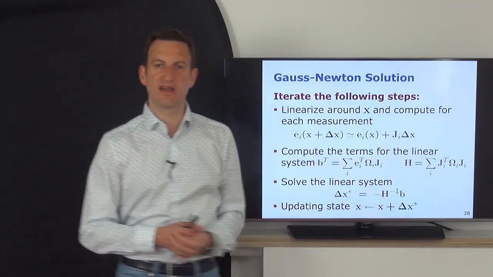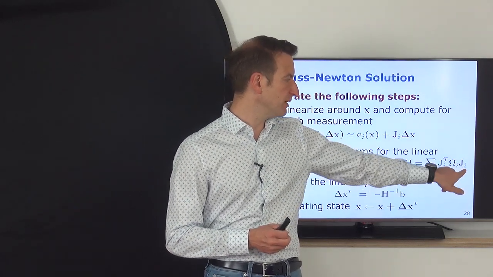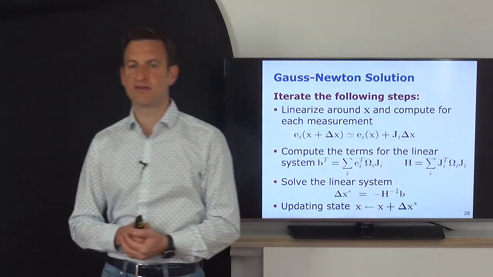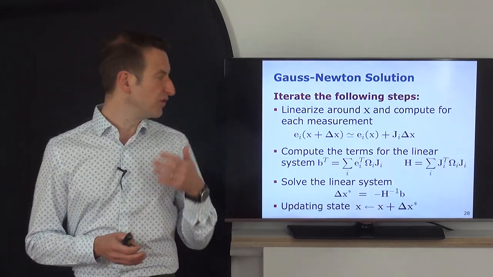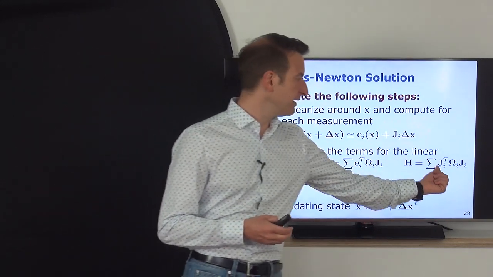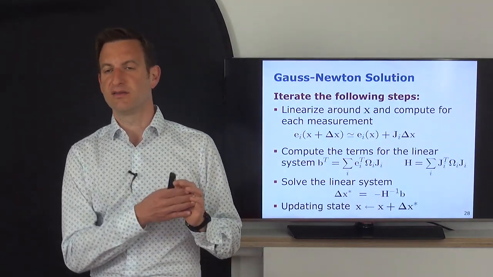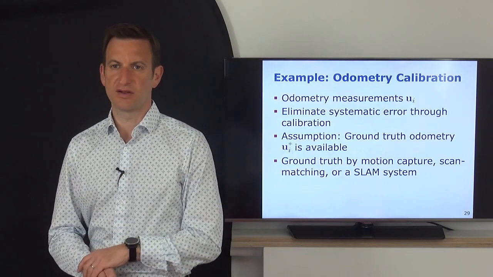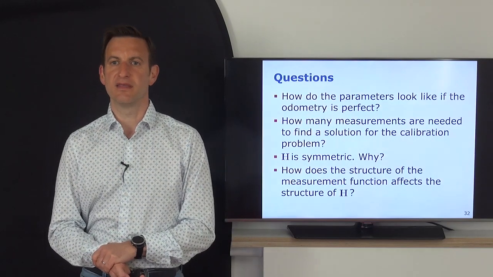The matrix H is set up by the Jacobian transposed times the Jacobian with a weight matrix in between. And this weight matrix is the inverse of the covariance matrix, which is a positive semi-definite matrix. And so I multiply J transposed and J from the left and the right hand side, and just sum over all those elements. So all the individual elements will be symmetric, so that also my matrix H is symmetric in the end.